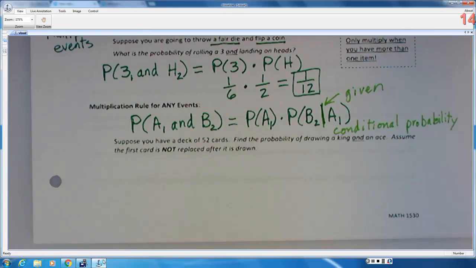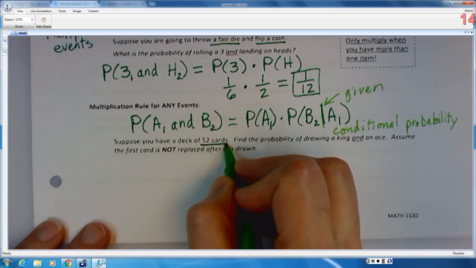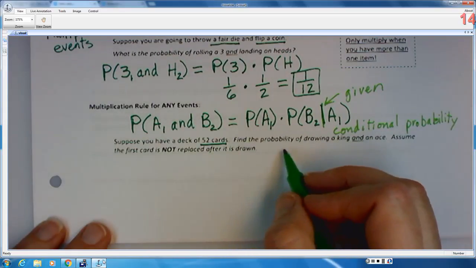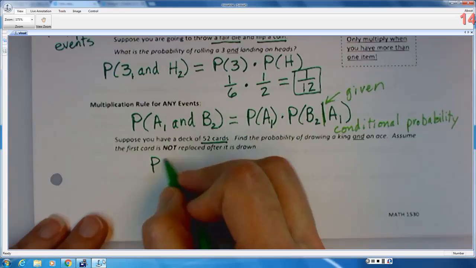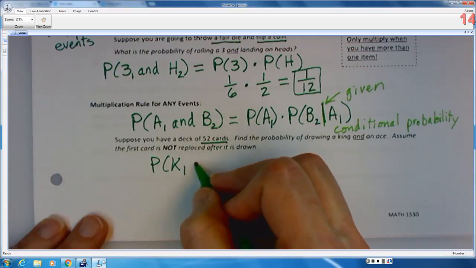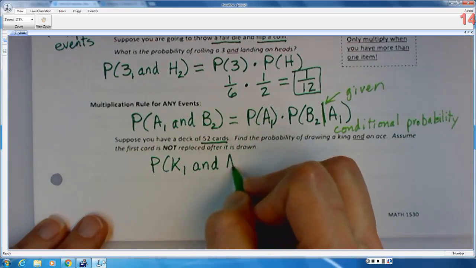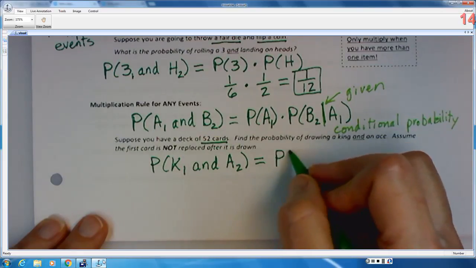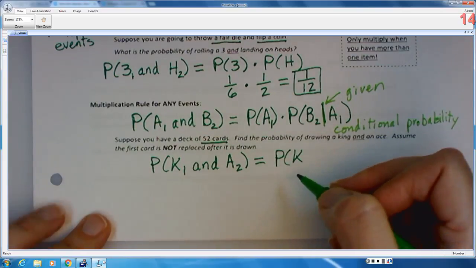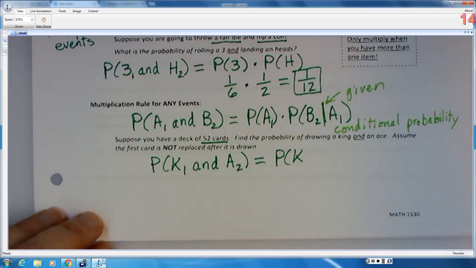So let's just use it, and you'll see we've got a deck of 52 cards, and we want the probability of drawing a king and an ace in that order. So probability of drawing a king on the first pick and an ace on the second pick. And we use the multiplication rule, but this is kind of the problem I showed you.